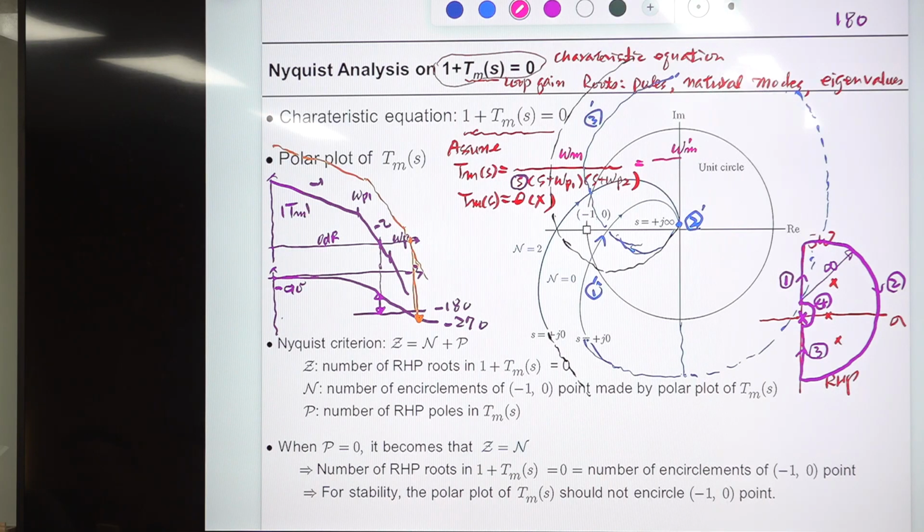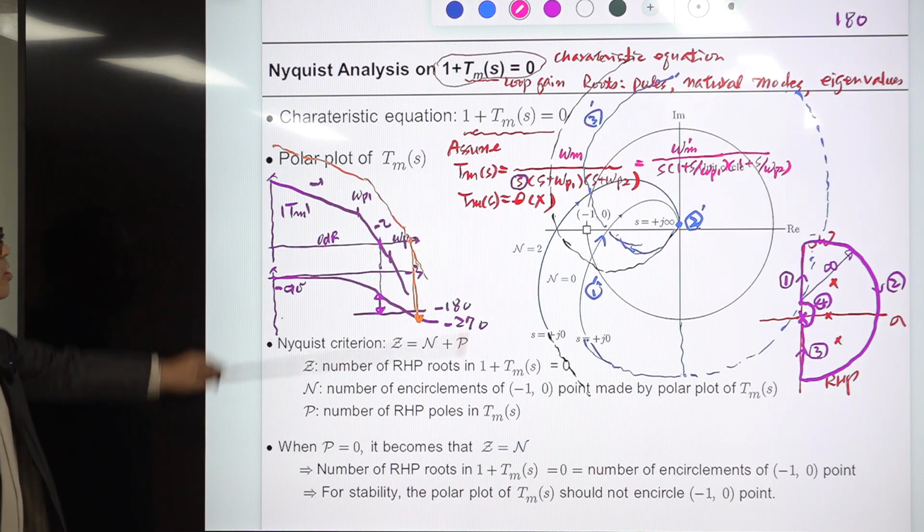Omega m prime divided by s, and 1 plus s divided by omega p1. Another first order term, 1 plus s divided by omega p2. Okay. So this is the standard form you are using for the frequency response plot. So this is more convenient.